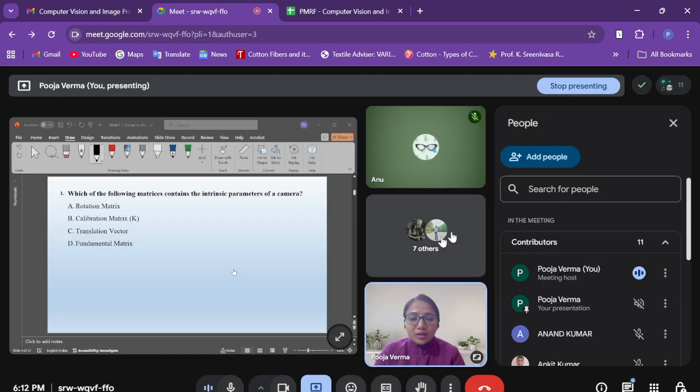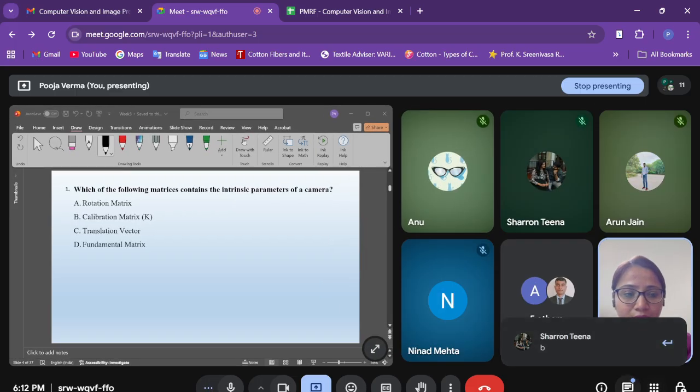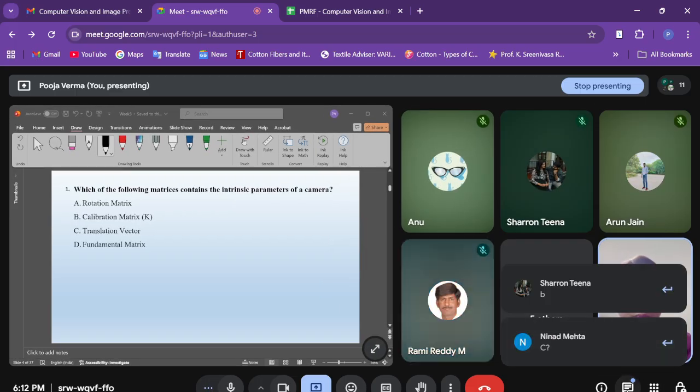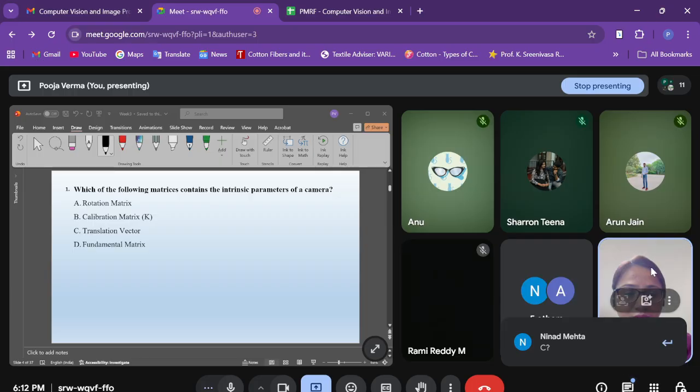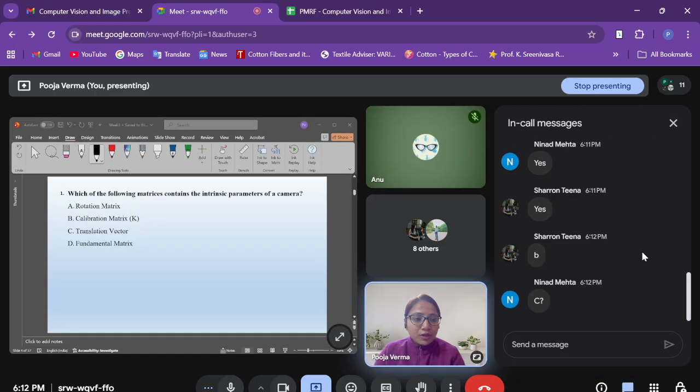Which option is the correct one? Option B or option C. What about others? Please try to give an answer, then we will discuss it in detail.